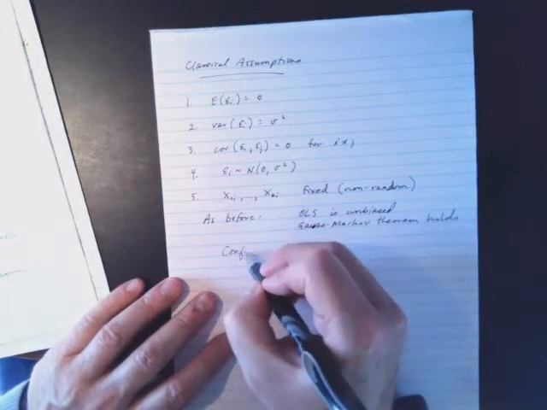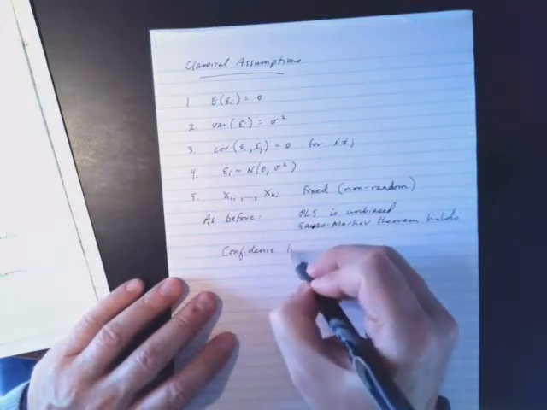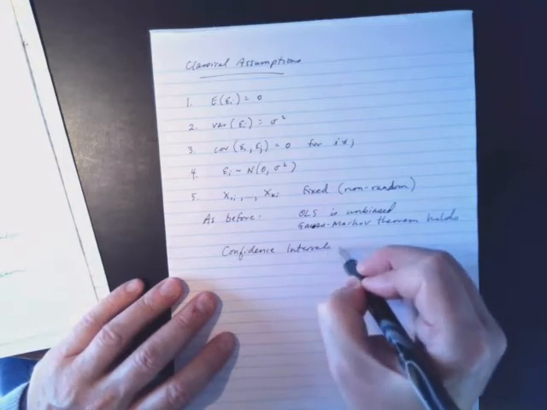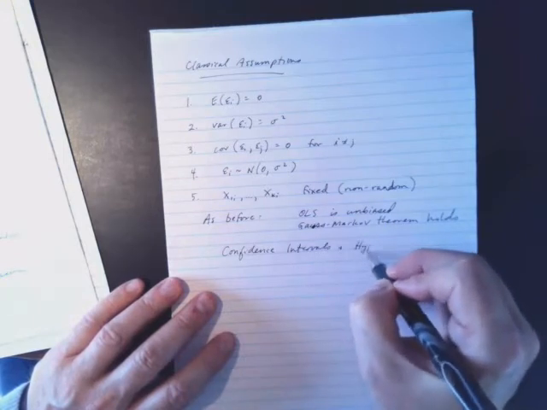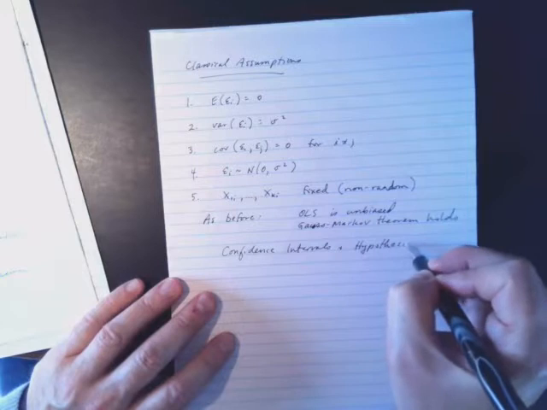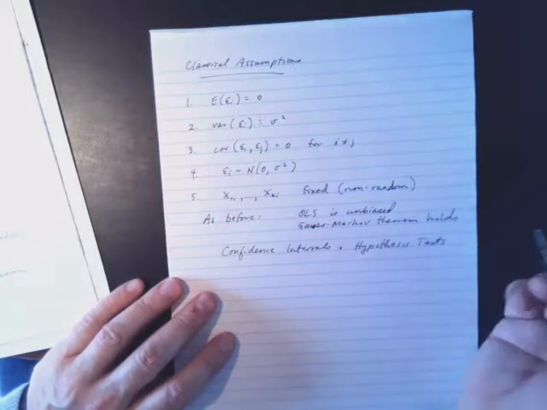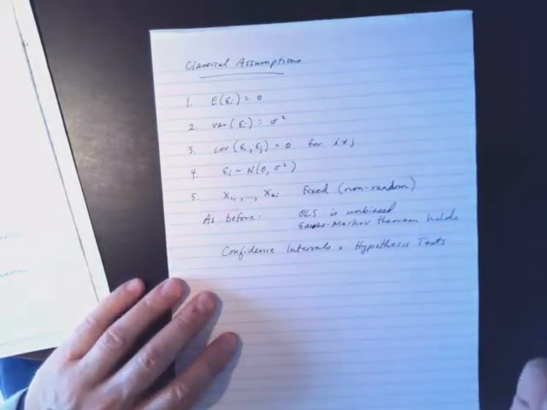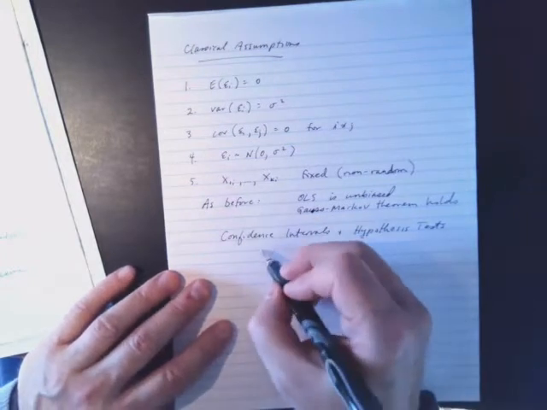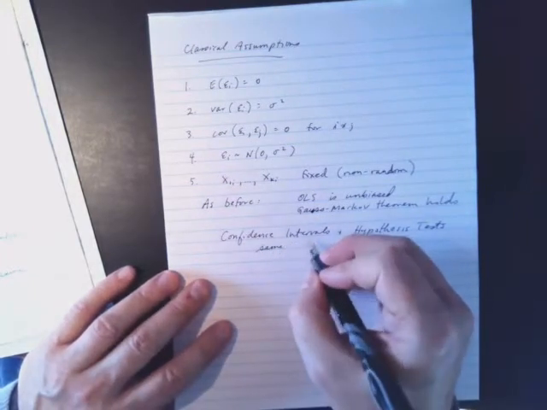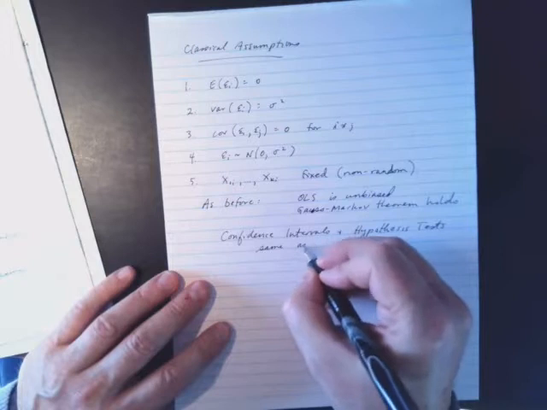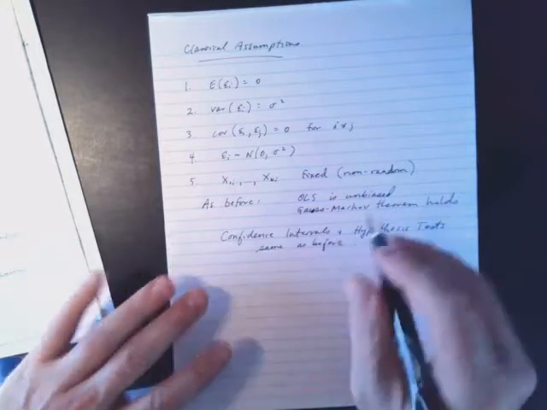And we will look at confidence intervals and hypothesis tests, and they're going to be essentially the same. A few little differences in the formulas, but all the concepts are going to be the same.